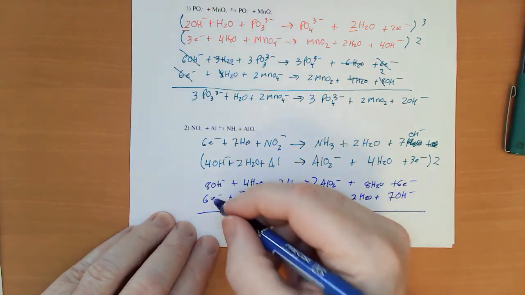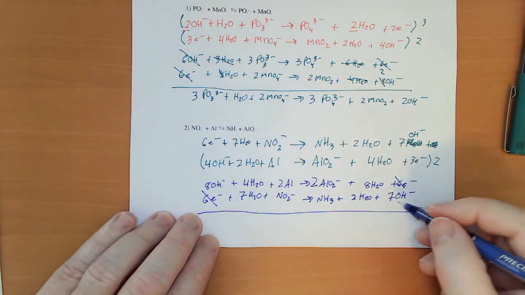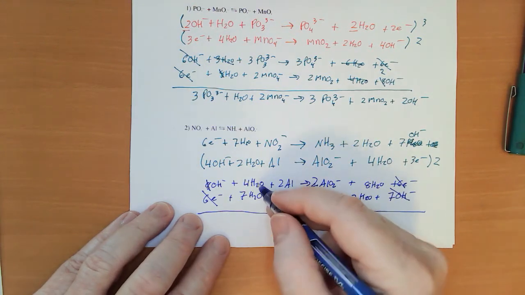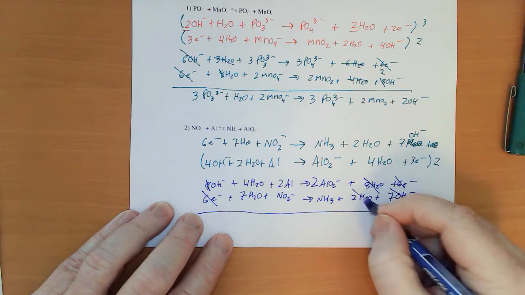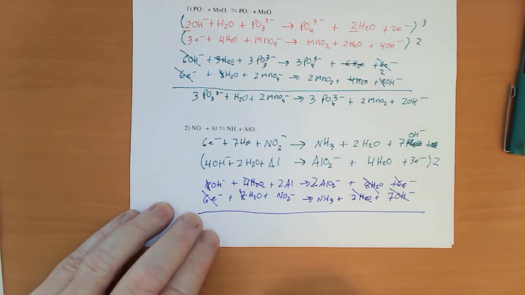All right. Let's do some canceling. 6 electrons takes out 6 electrons. 7 hydroxides leaves me with 1. 7 and 4 makes 11 waters. 8 and 2 makes 10. So all of those go off the right and leaves me with 1 on the left.